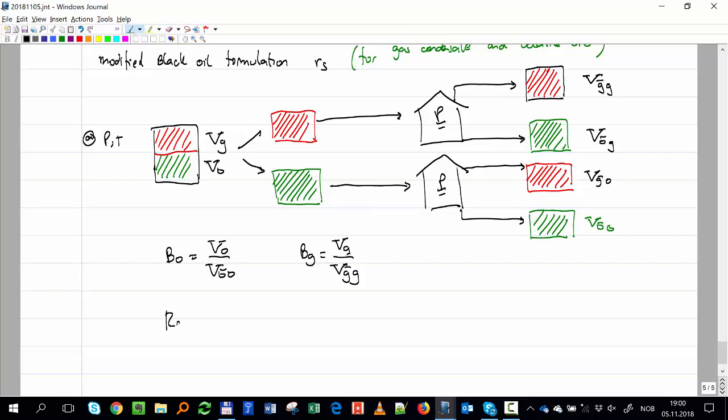And you have RS, which is gas from oil divided by oil from oil, and small rs, which is oil from the gas divided by gas from the gas. So I create for each one of them separately their own set of black oil properties.